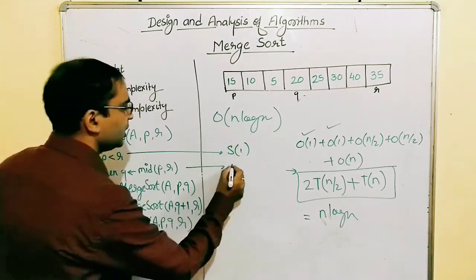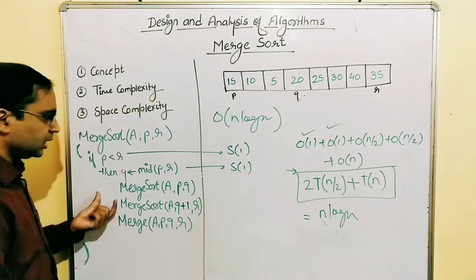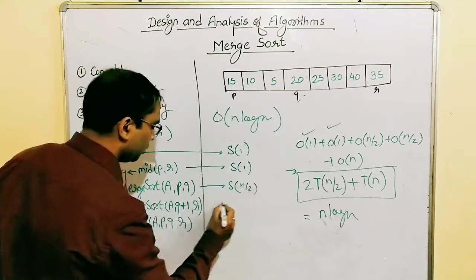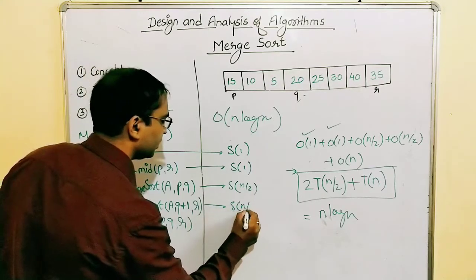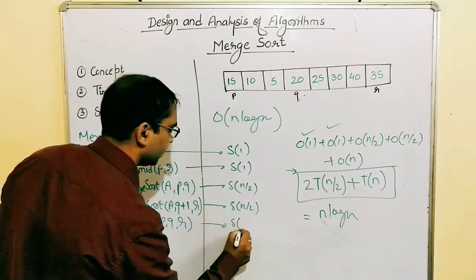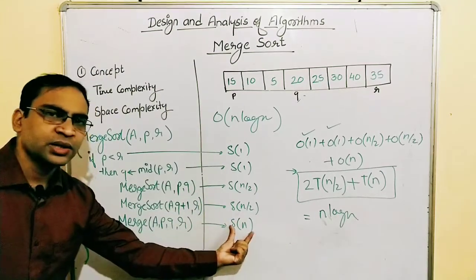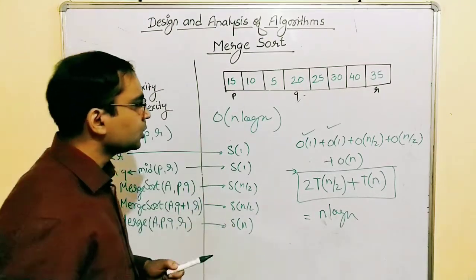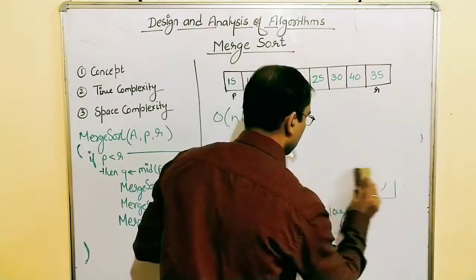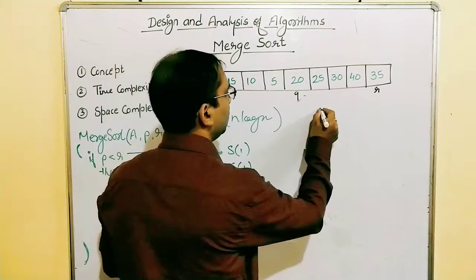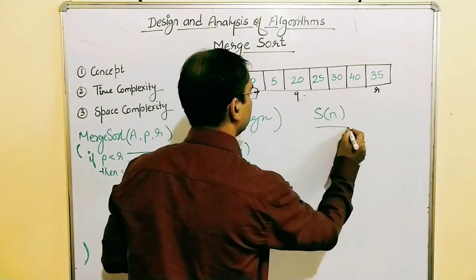For this we need space complexity of 1. Again for this we need space complexity of n upon 2, and for this space complexity of n upon 2, and for this space complexity of n. And you can see the highest space complexity here is of order of n. So the space complexity of this merge sort comes to be of order of n.